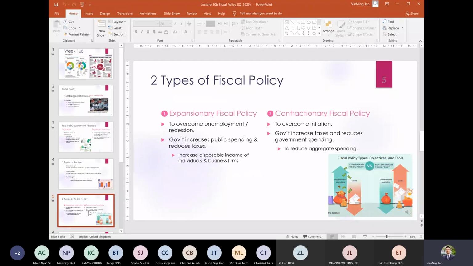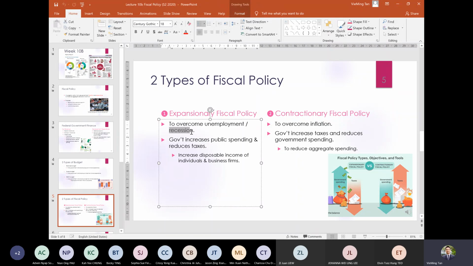So generally, in a year, the government can either have an expansionary fiscal policy or a contractionary fiscal policy. This depends on the economic situation of a country or a nation. Usually when the economy is not good during a recession and many people are unemployed, then the government should practice the expansionary fiscal policy.